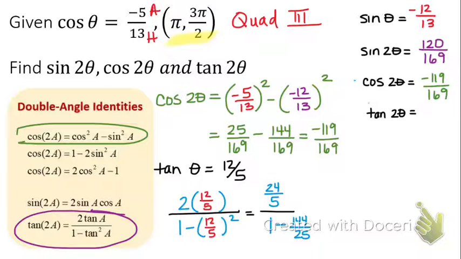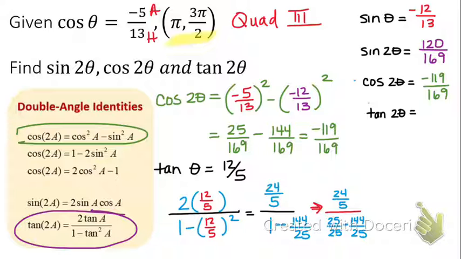Hopefully you understand why I'm doing this next step. I have the 24 over 5 divided by that 1, which is really 25 over 25, minus 144 over 25. Do you understand why I had to write that as 25 over 25? Because I can't subtract unless I have a common denominator. 25 over 25 is the same as 1.